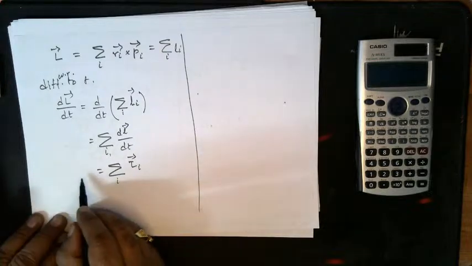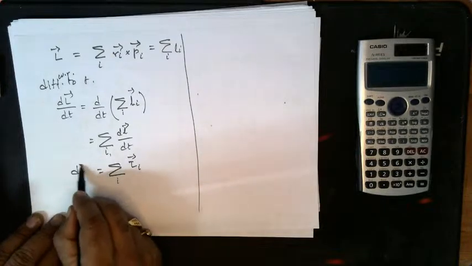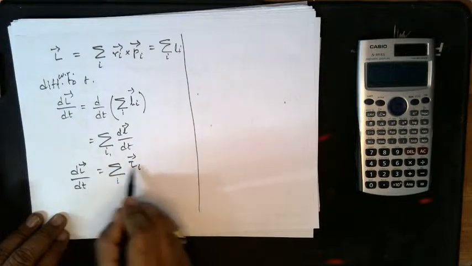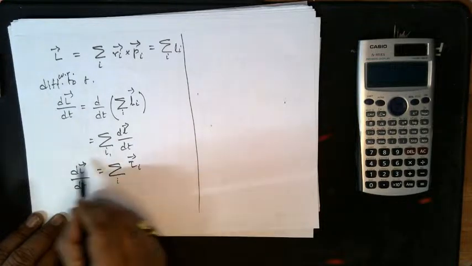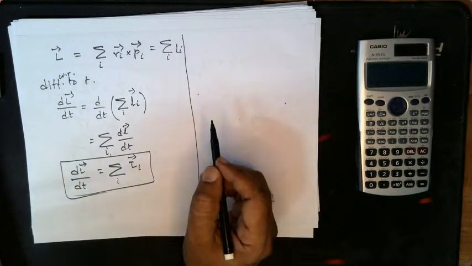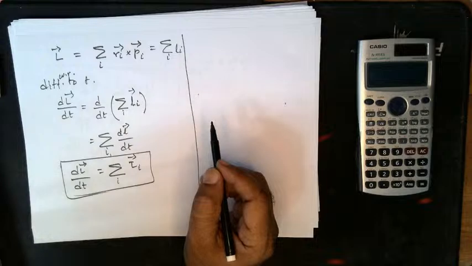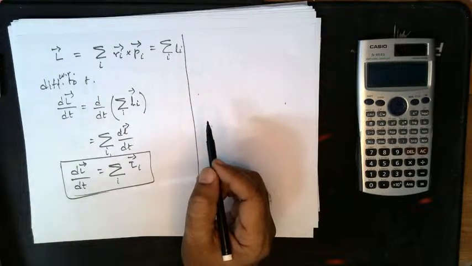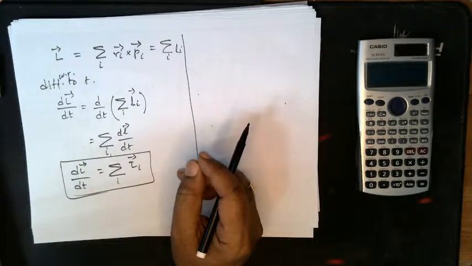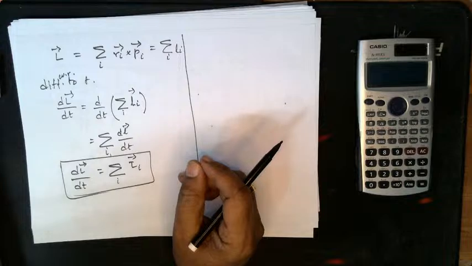So dL vector divided by dt is given by the summation of tau i. What is tau i? The torque experienced by the ith particle. Please make a note. Torque experienced by the ith particle.